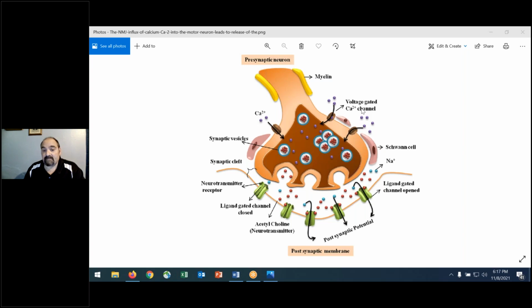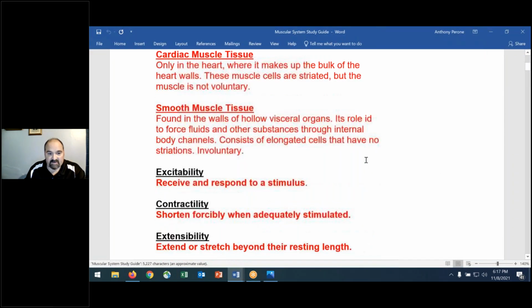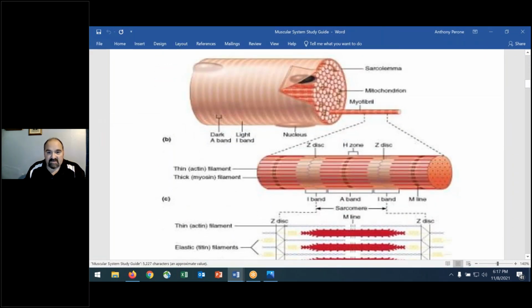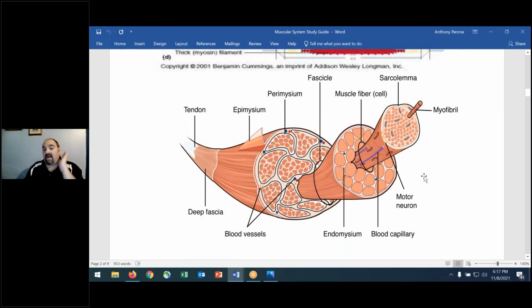Let's go to the study guide. I'm going to open up study guide one first and review the structures. This image is a very good image, showing again that these cylindrical structures comprise skeletal muscle.